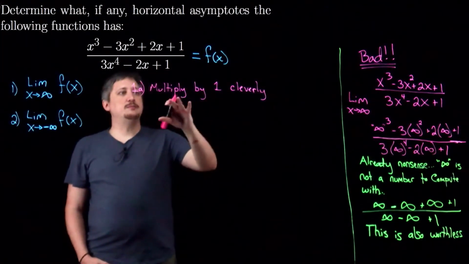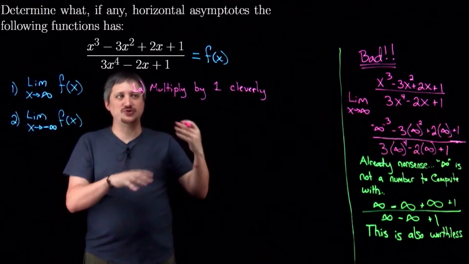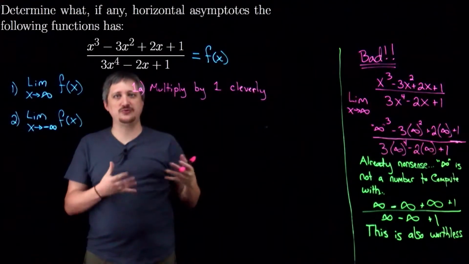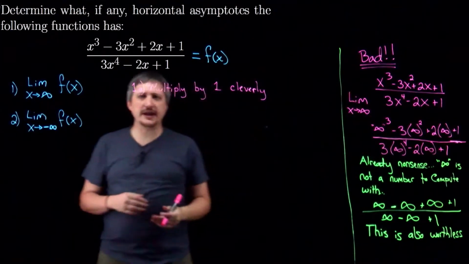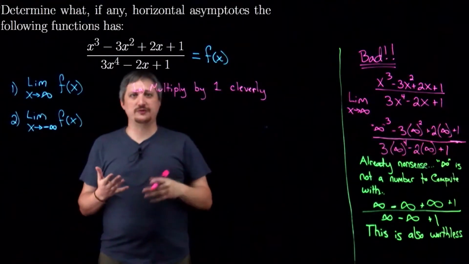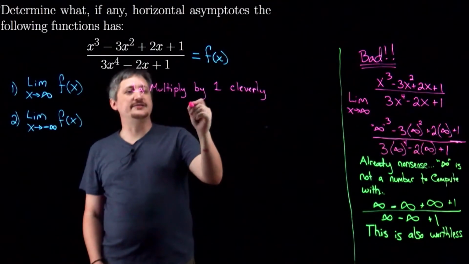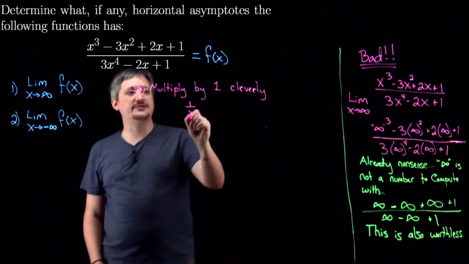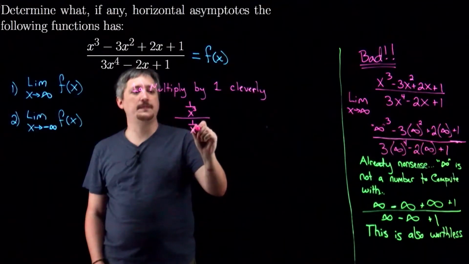What we mean by multiply by 1 is that I want to multiply by something over itself, and I want to choose that something cleverly, something that gets a handle on this problem. The thing I'm going to multiply by, pulling the rabbit out of the hat, is 1 over x cubed divided by 1 over x cubed.